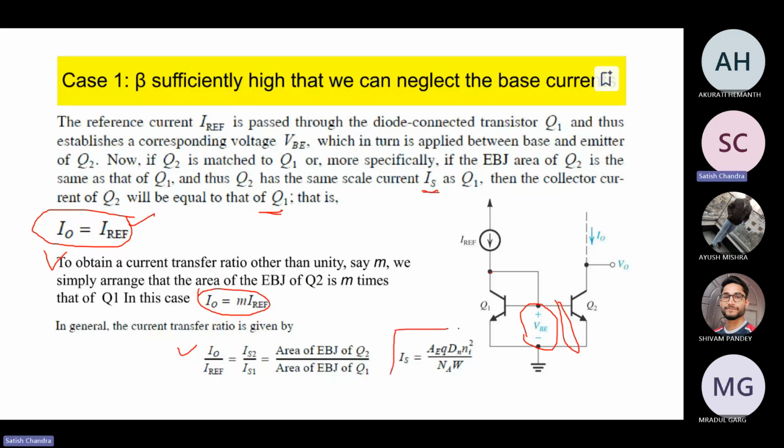If you go into detail of that scale current, it is not required right now in this particular subject. Basically, that is a constant current for us, depending on the area. And if everything is matched, we can have the same kind of scale current.